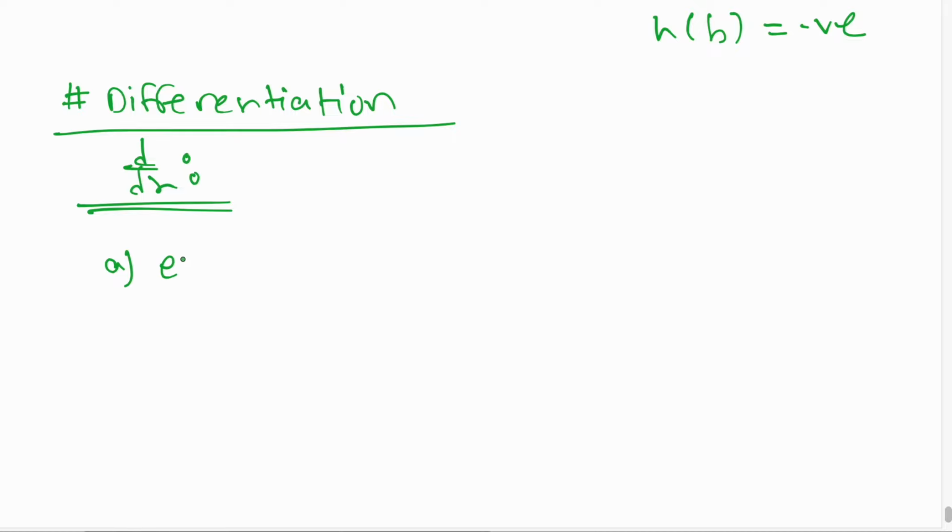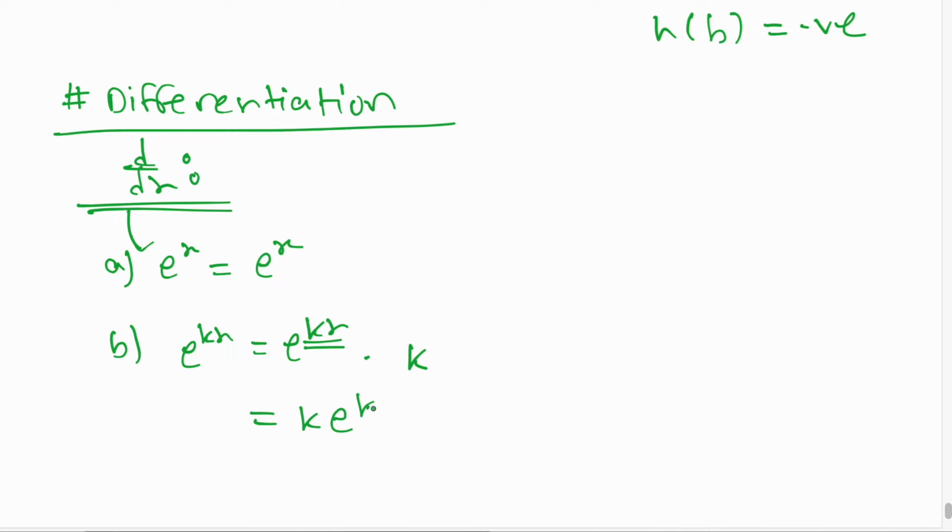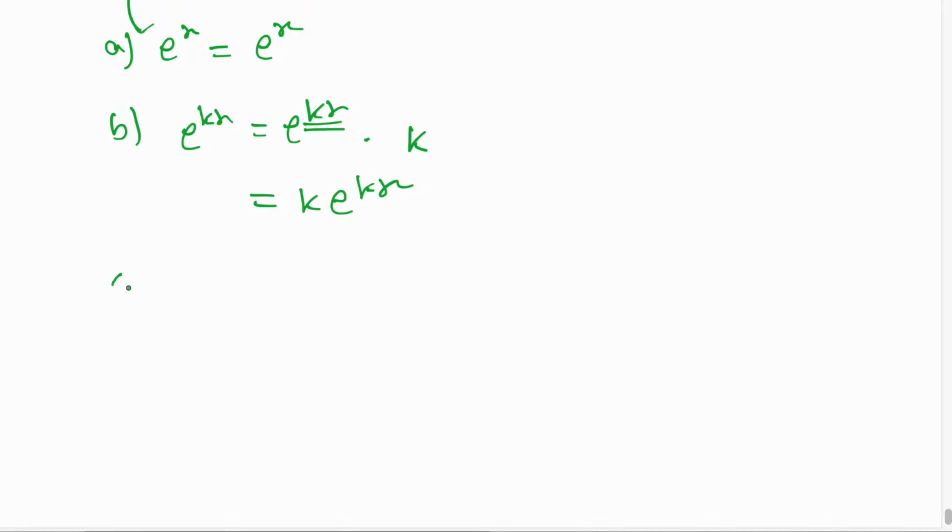So d/dx of e to the power x is equal to e to the power x. Then b, e to the power kx means e to the power kx into, then differentiate this part kx, that means k, so the answer is k e to the power kx. C part would be a to the power x, that means a to the power x into ln a.